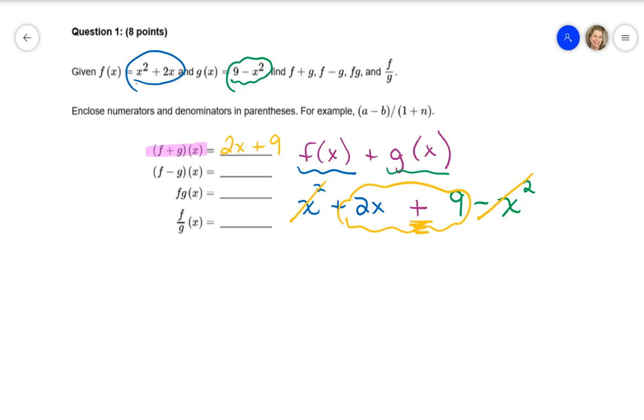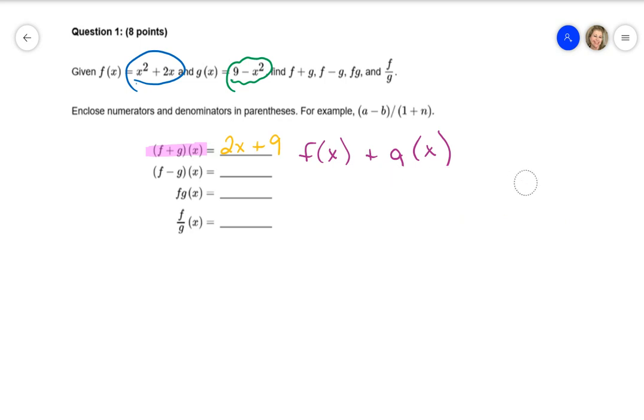Now, the next one is subtraction. So for subtraction, I would be putting these in parentheses because I'm going to have to distribute the minus sign. So once again, f of x is x squared plus 2x.